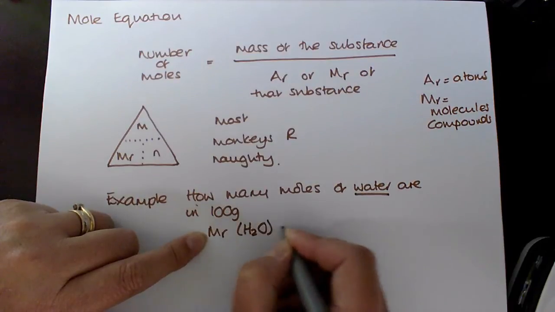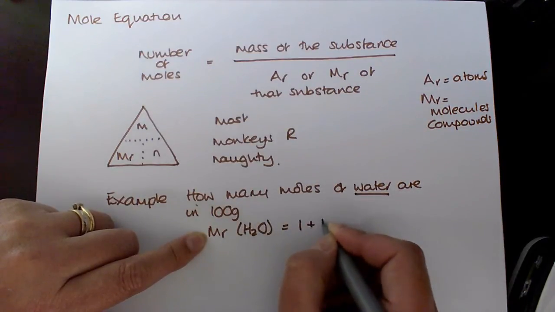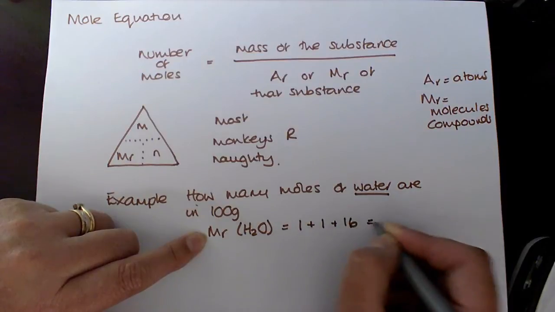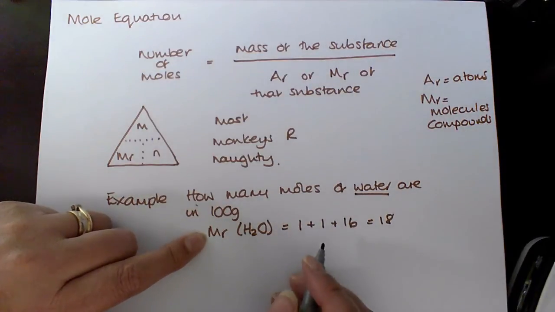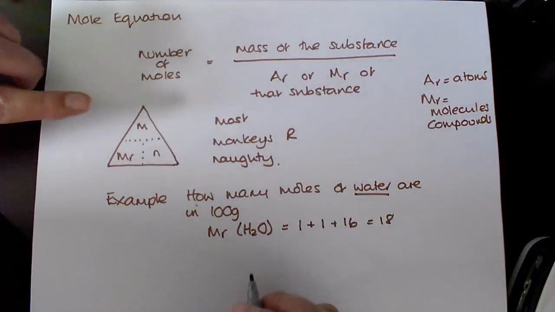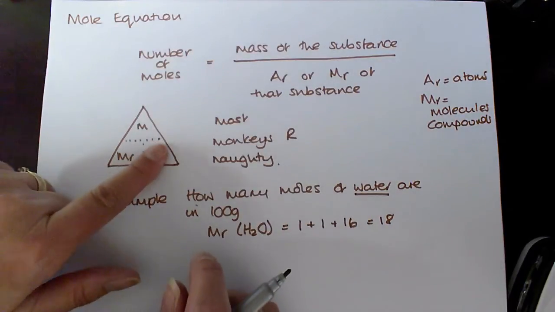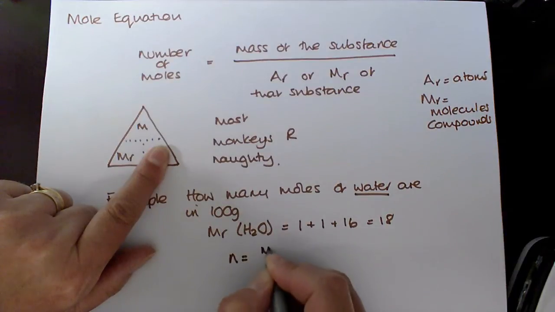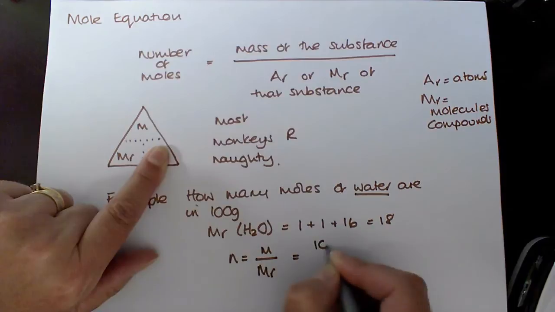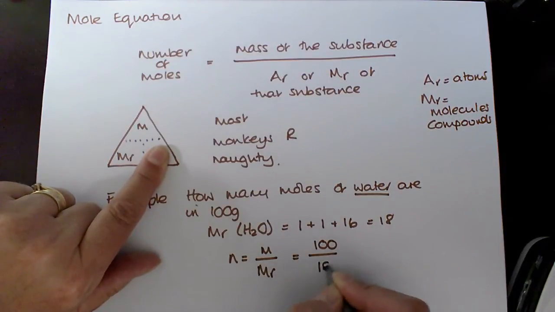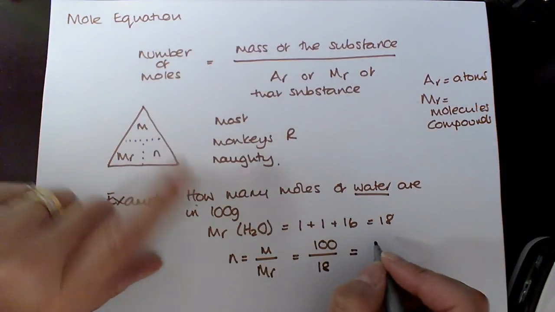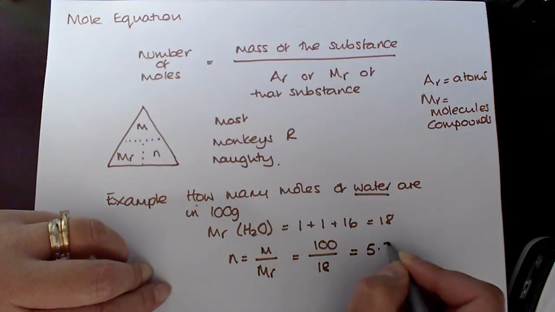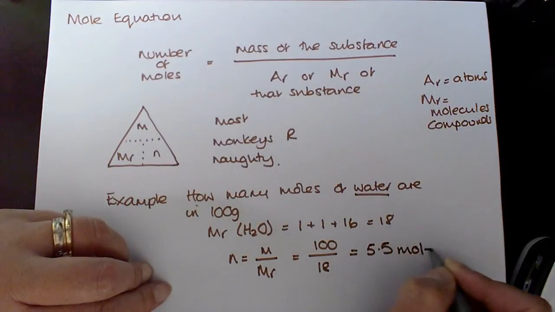So water we know is H2O, so that gives us 1 plus 1 plus 16, which gives us an MR of 18. And then I'm trying to find out the number of moles, so I'm going to cover up the N, and that tells me I need to do mass over MR. So that's 100 divided by 18, which gives me an answer of 5.5 moles.